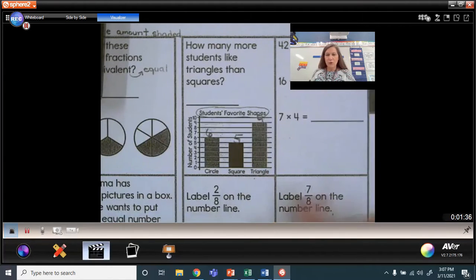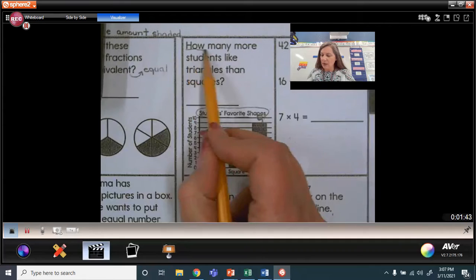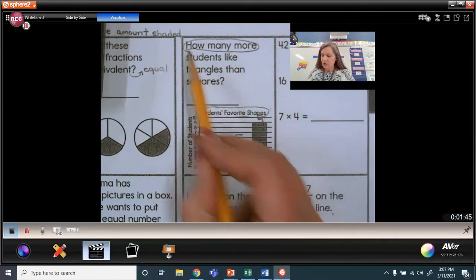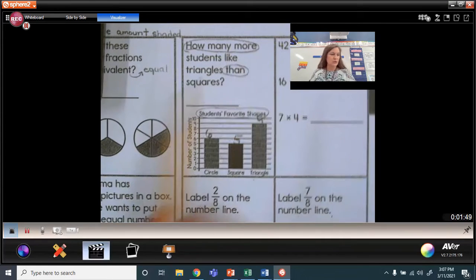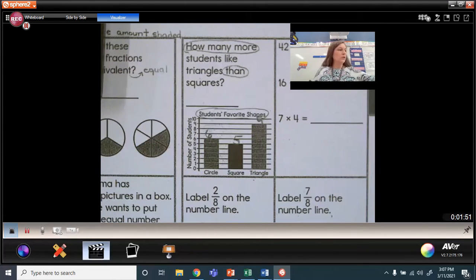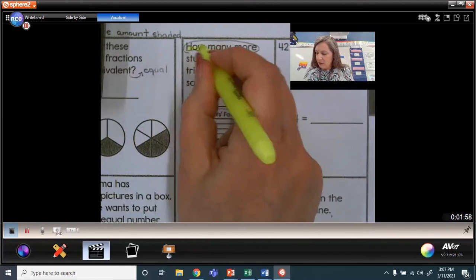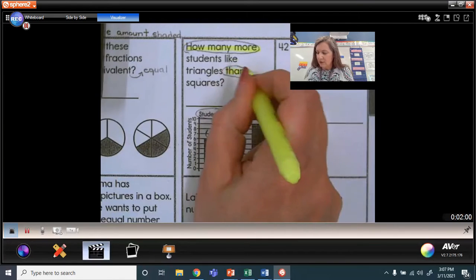Now, let's go to the question and see what we're going to do with this information. So it says, how many more students like triangles than squares? Now remember, when you see the words how many more, we're comparing one amount to another amount.